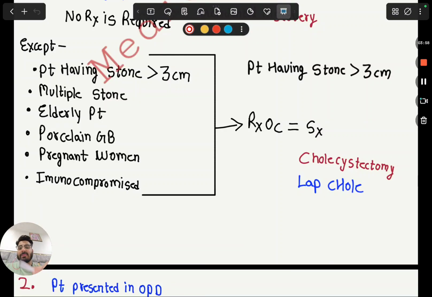But if calcium is deposited in the gallbladder, it is highly suggestive of risk of cancer, so we should remove this stone. And also the immunocompromised patient. We have to perform surgery, and the surgery will be cholecystectomy. Generally we prefer laparoscopic, so we can call it in short form a lap chole.